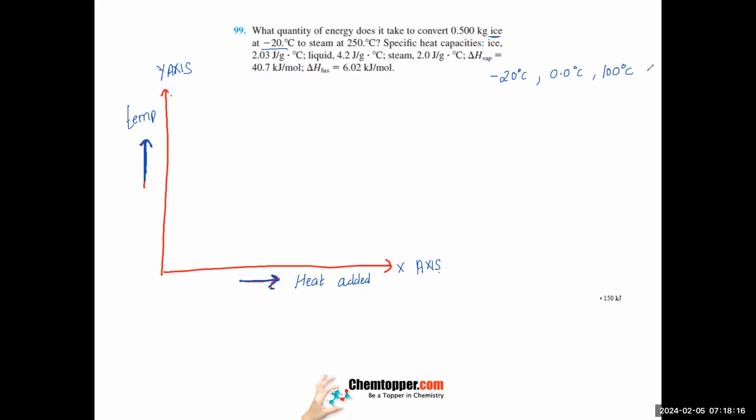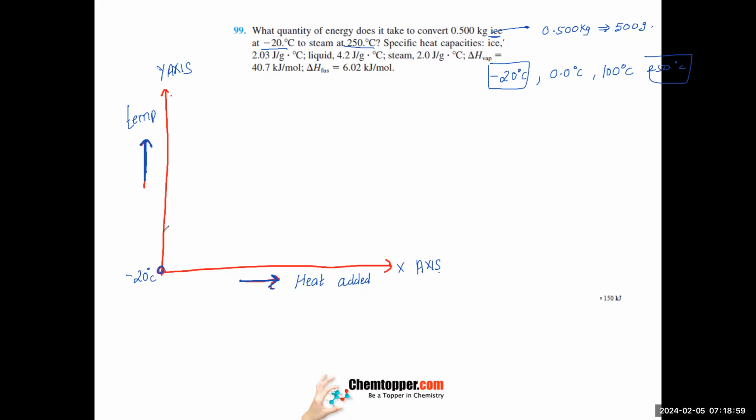And what is the other important temperature mentioned? 250. So I have to start from -20 and reach up to 250. That's what they are saying. The total mass of the ice given to me is 0.500 kilogram, which means 500 grams. So what should be the lowest temperature here? -20, the starting temperature.